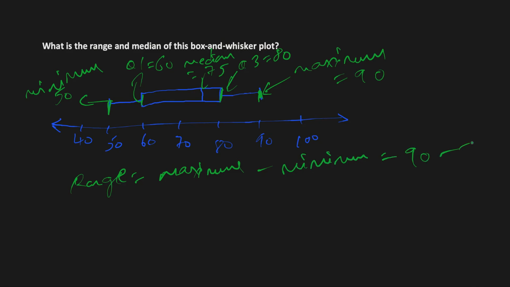So this is 90 minus 50, which is 40. And the median is nothing but this line in the middle of this box. So in this case, our median is 75. As you can see, it's so simple. When given a box plot, we can know the first quartile, the median, the third quartile, and the minimum and maximum. So this is how you calculate the median and range for a given box plot.